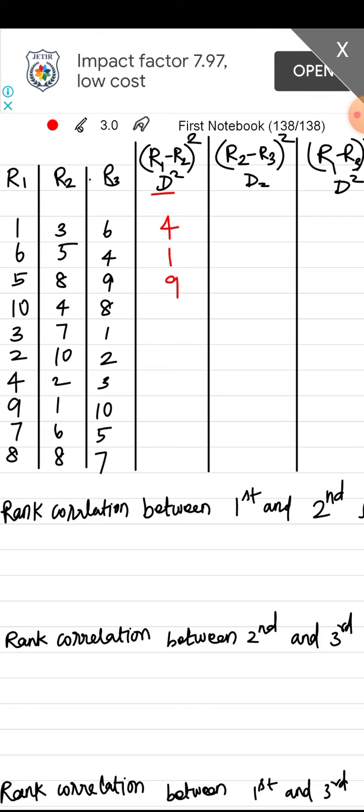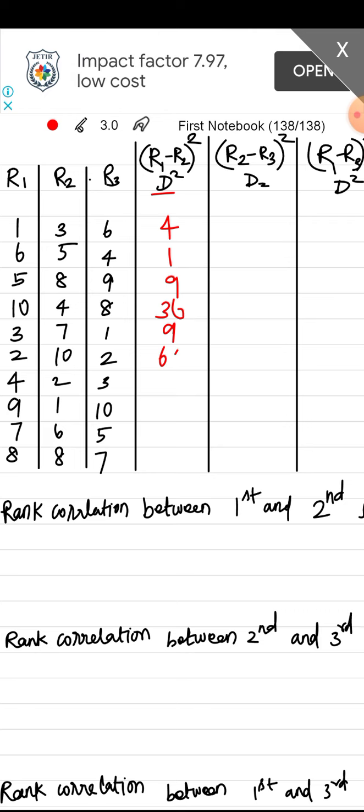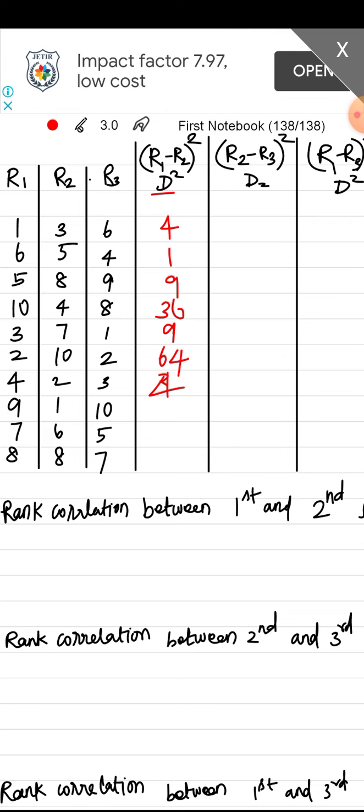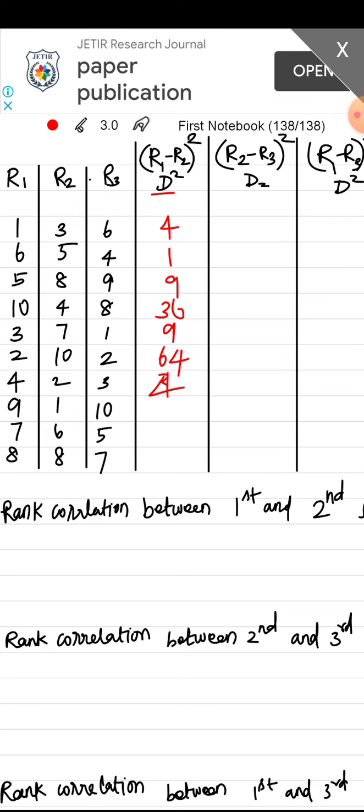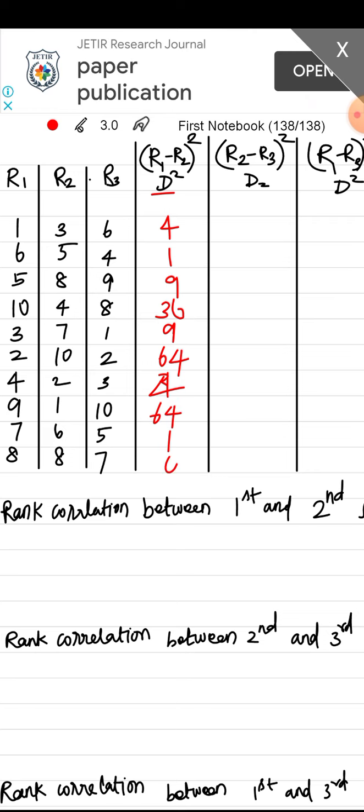Here is 36 and 9, and then 8 square is 64. 2 square is 4. 9 minus 1 is 8, so 64, and then 1 here and here 0.